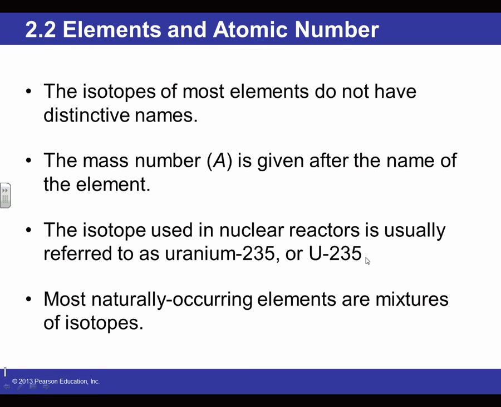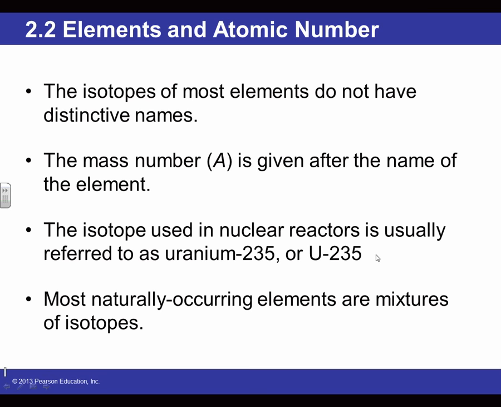Now, the isotopes of most elements do not have distinctive names. So the deuterium, tritium, protium thing is kind of an exception, and it's not necessarily the rule for all other isotopes of elements. The mass number is given after the name of the element. The isotope used is usually denoted using a number, such as for uranium, it might be uranium-235 or U-235.